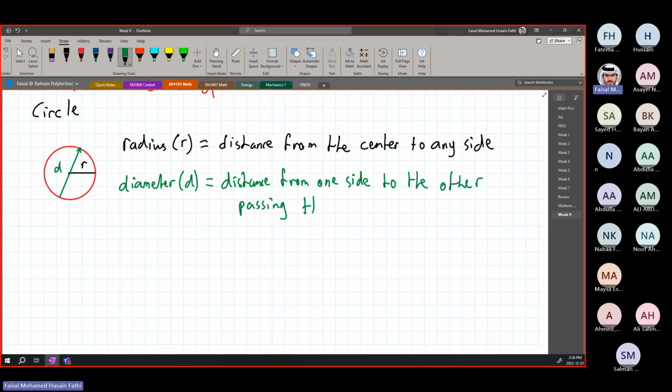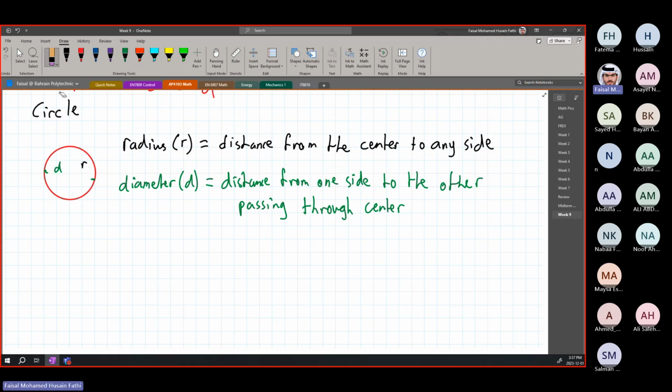This is important. It has to be passing through the center. Any line you take that passes through the center, all of these are equal and they're all diameters, as long as they go from one side of the circle to the other and pass through the center.